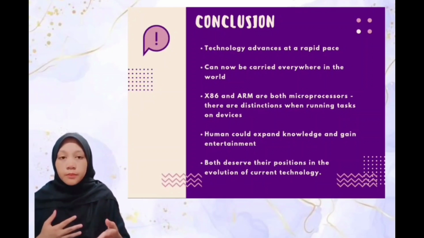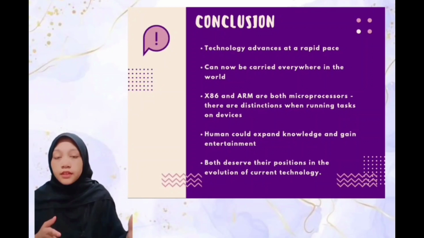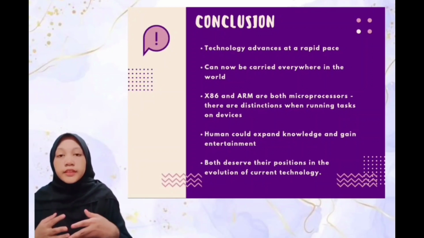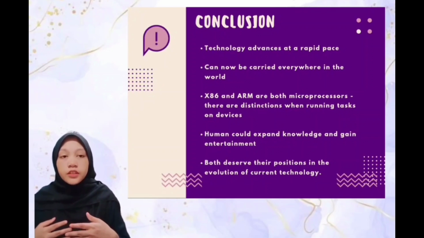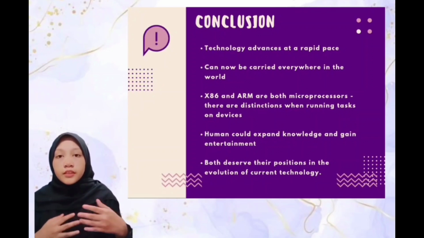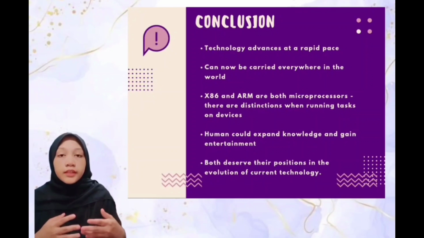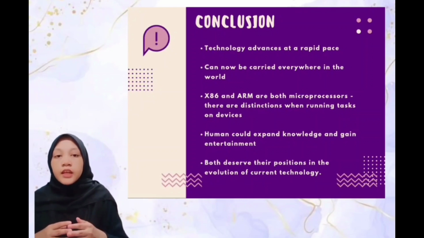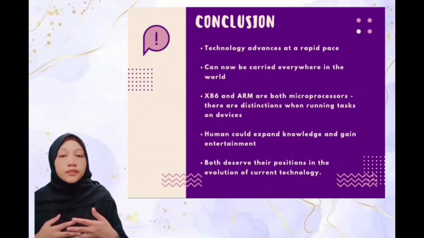The majority of people mainly utilize these devices for specific activities such as online education, homework submission, gaming, and international communication. With this, humans can expand their knowledge and also gain entertainment. Finally, for the time being, X86 and ARM deserve their positions in the evolution of current technology, where the differences are not necessarily hostile.